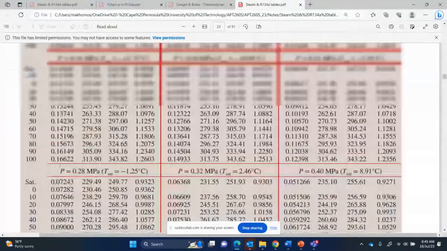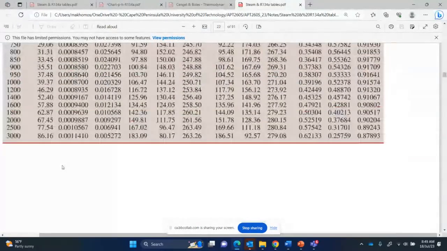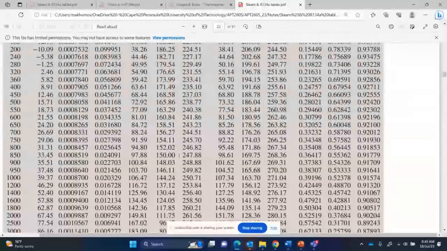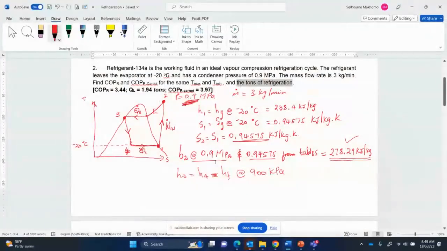We scroll up, and we are looking for 900. Hf is 101.62 kilojoules per kilogram.